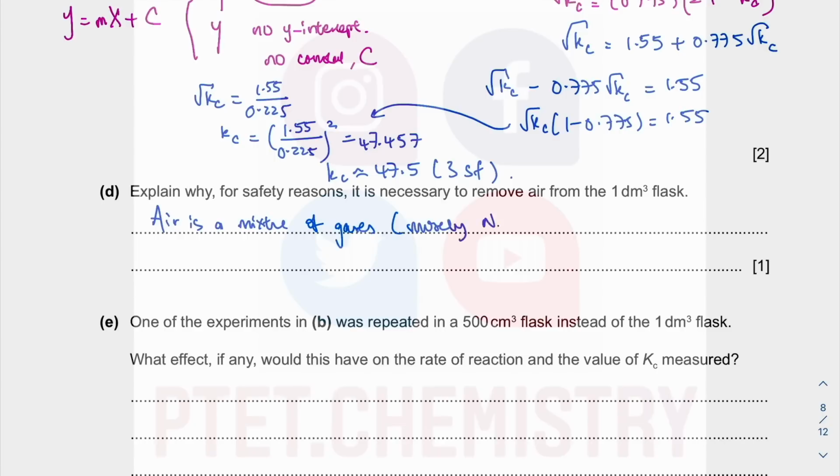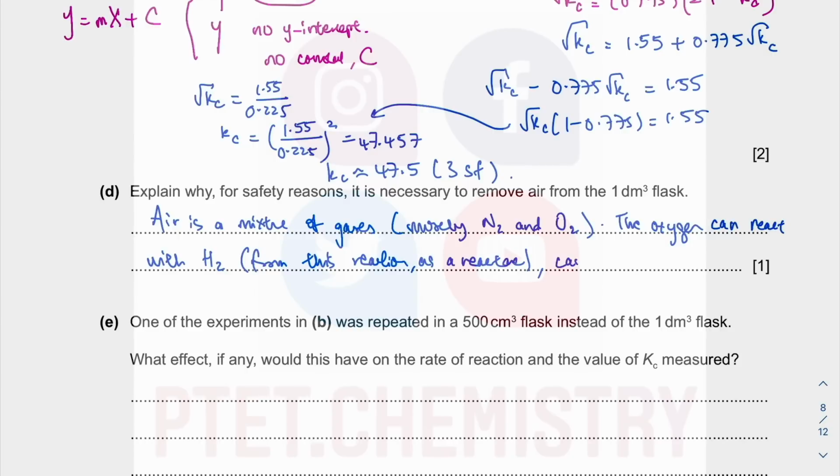Mostly nitrogen and oxygen, which are diatomic, okay? So the oxygen can react with hydrogen from this reaction as a reactant.